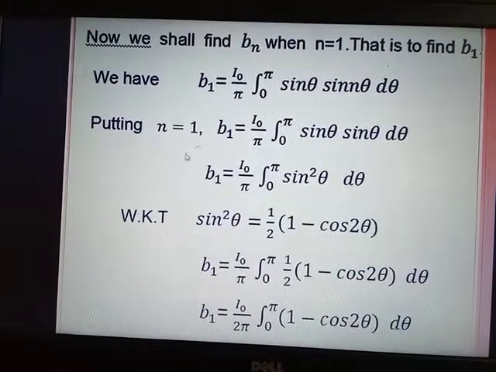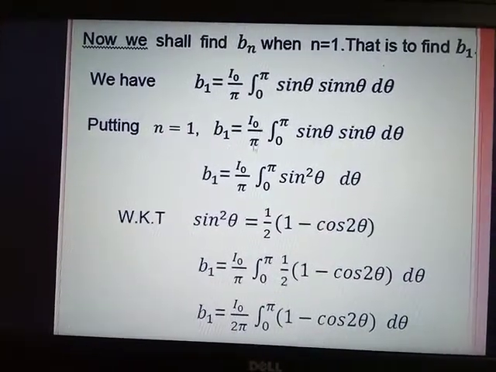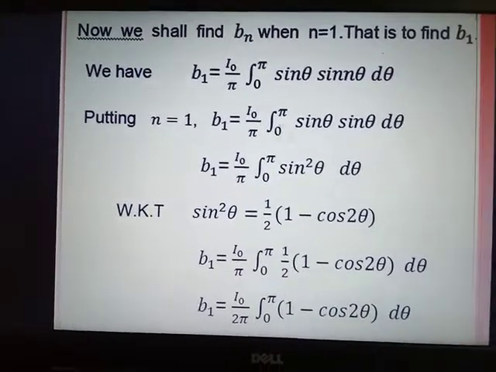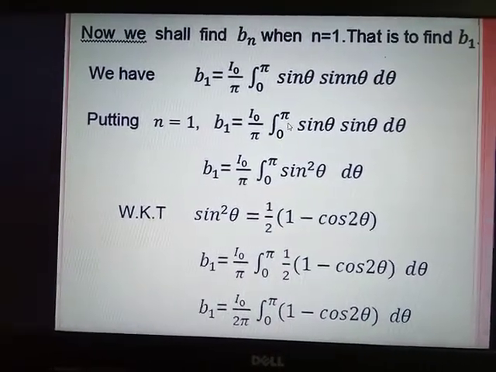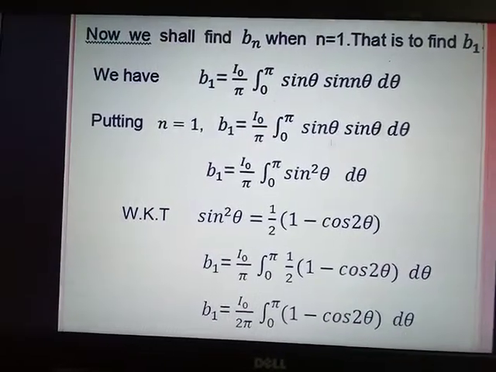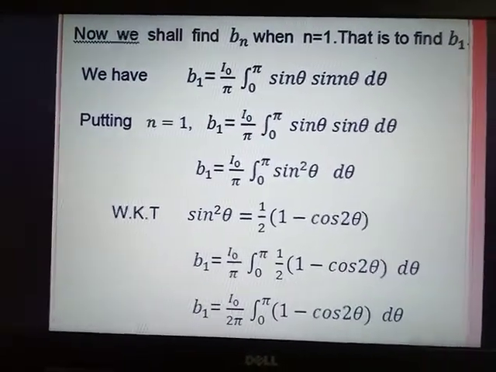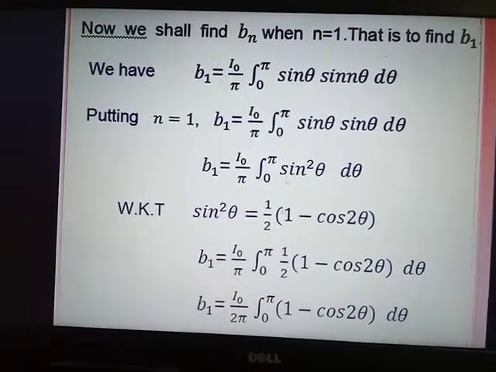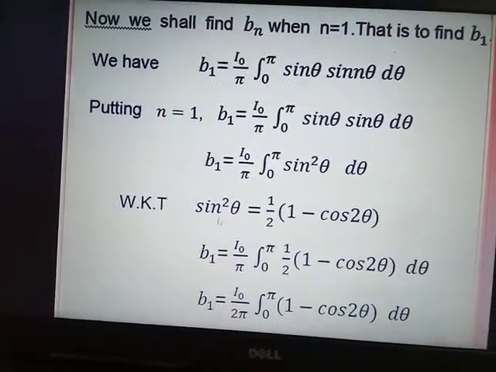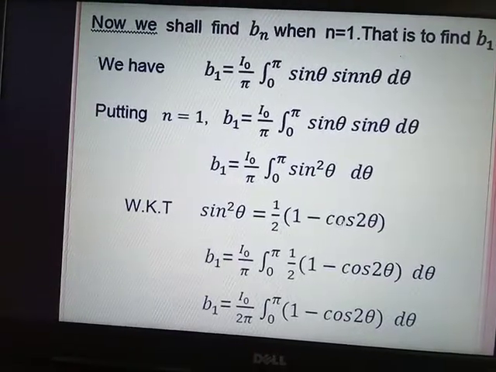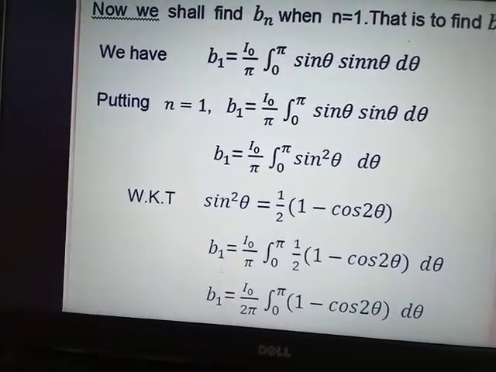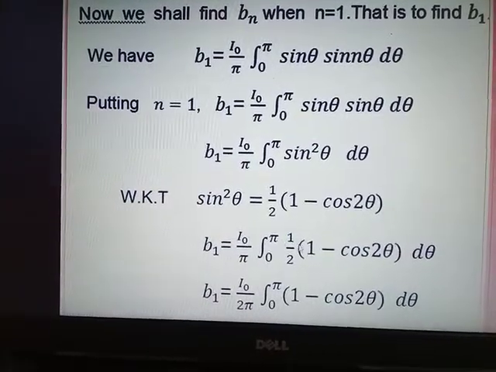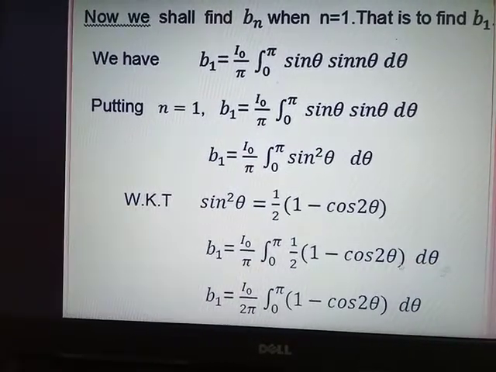Putting n is equal to 1, B1 is equal to I naught by pi integration from 0 to pi sin theta sin theta d theta, that is sin square theta. We have to apply the result that sin square theta is equal to half into 1 minus cos 2 theta. Therefore B1 can be written as I naught by pi integration from 0 to pi half into 1 minus cos 2 theta d theta.